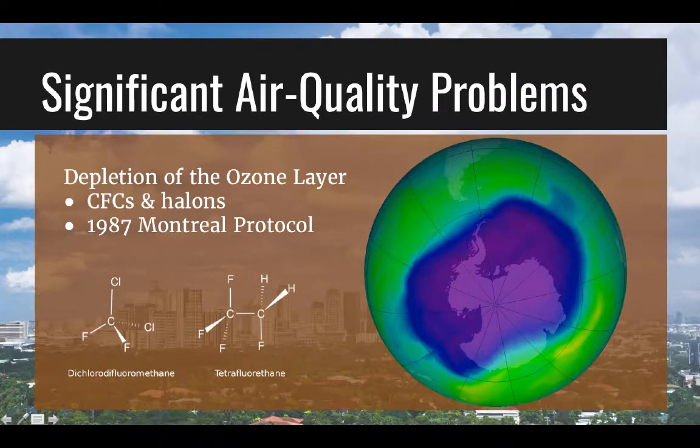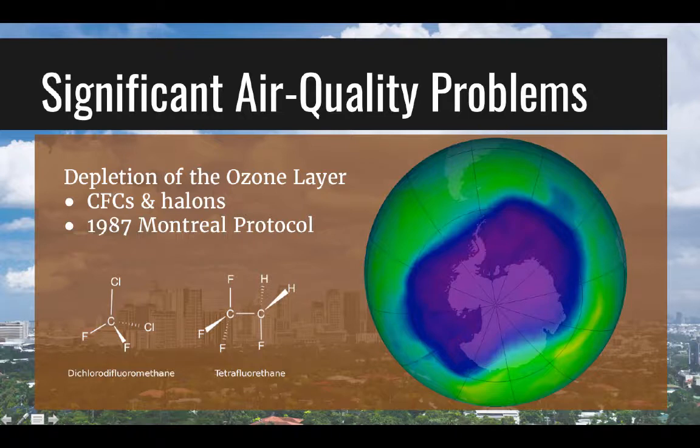Depletion of the stratospheric ozone layer is problematic because it reduces our protection from solar radiation. Development of a hole in the ozone layer located above Antarctica has been tracked since the 1970s. This hole was primarily created by chlorofluorocarbons, or CFCs, which are compounds that persist in the atmosphere and break down ozone, O3, into oxygen, O2.